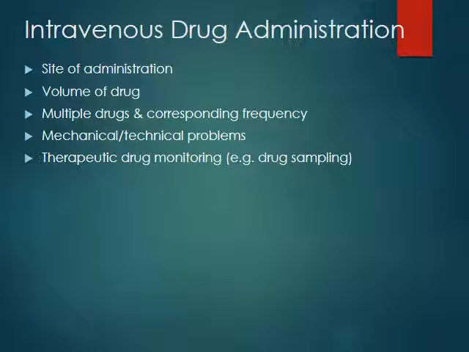You can also have issues of mechanical or technical problems. Especially working in a peds hospital, we use a lot of technology to make sure that we're administering these drugs appropriately, but there are still problems that can pop up. Certainly if I have multiple medications being hung on a patient, it's important to make sure we're programming our pumps correctly, otherwise you can run into problems.